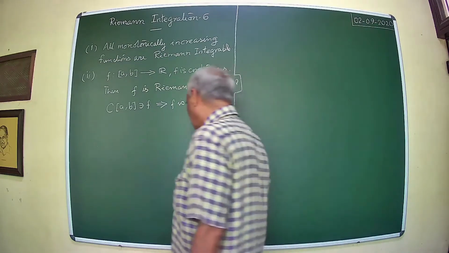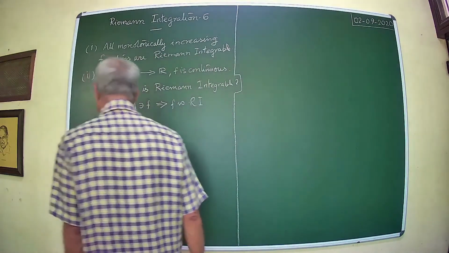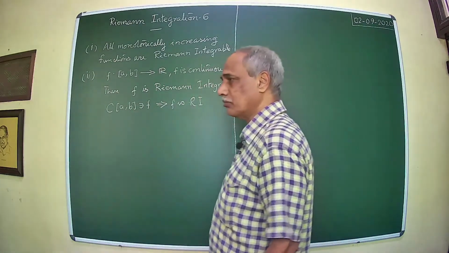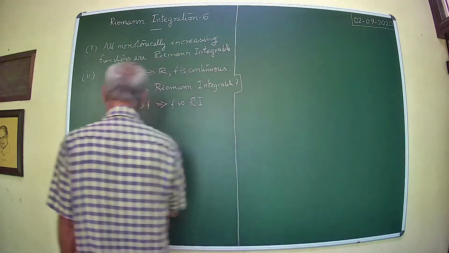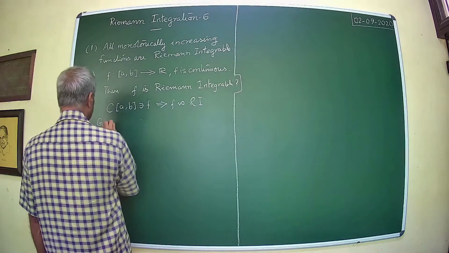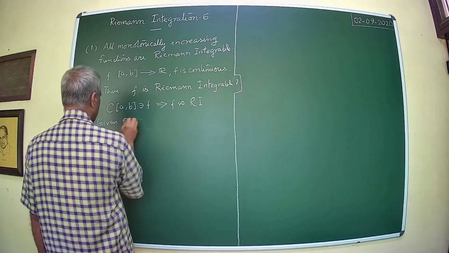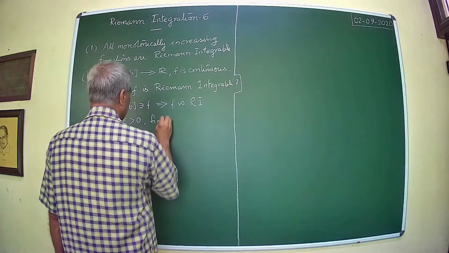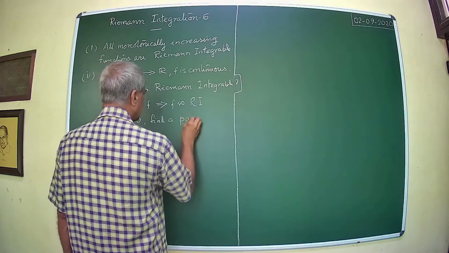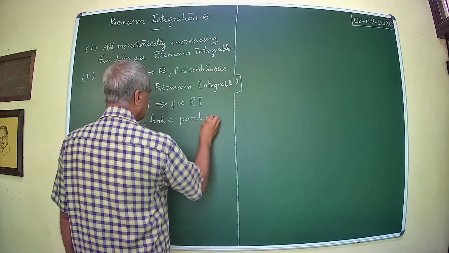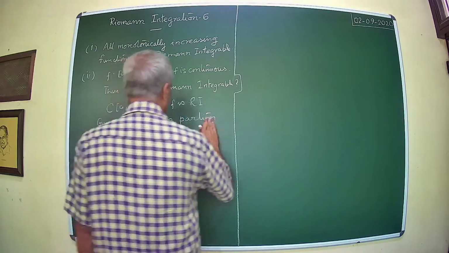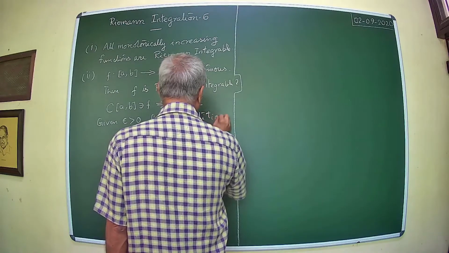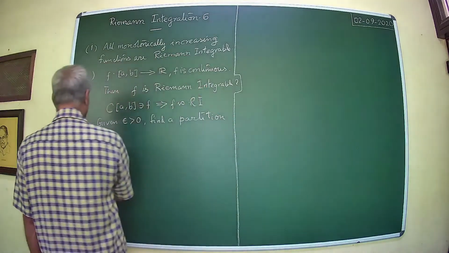First of all, we make an observation, because the strategy that we are going to use is again this. Given epsilon positive, find a partition of AB.